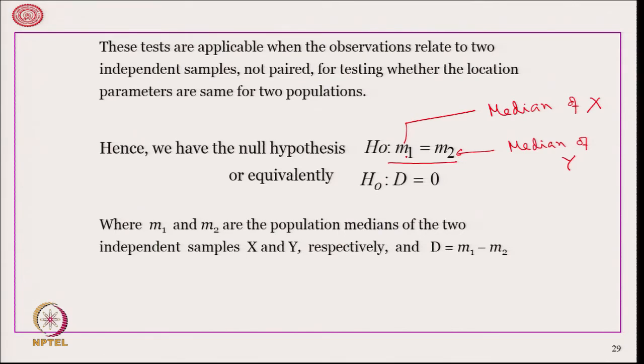For this lecture, we are just looking at the commonality of the central locations, and our statistic is therefore appropriately defined. Our null hypothesis is H naught: M1 is equal to M2, or H naught: D is equal to 0. That means the difference of the two medians M1 and M2 is equal to 0.